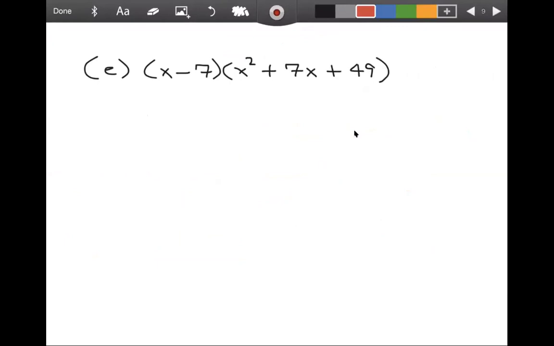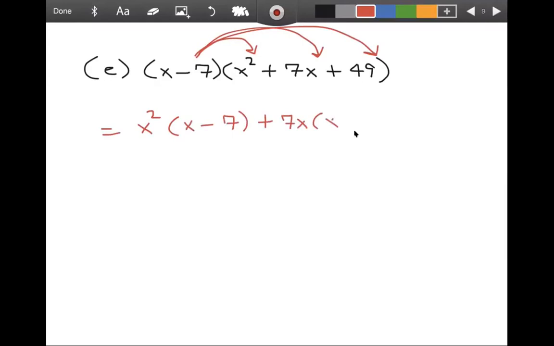All right, so I'm going to take your word for it that you've done that. This one is a lot of fun. As you hopefully know, we have x squared times x minus 7 plus 7x times x minus 7 plus 49 times x minus 7.